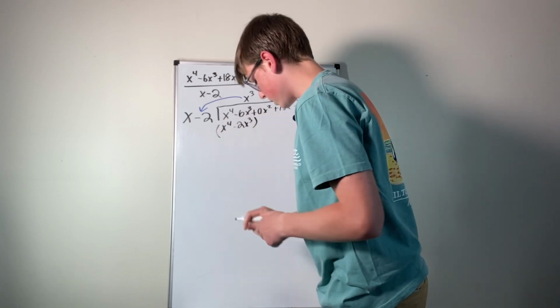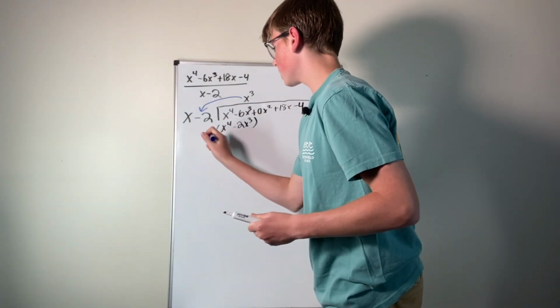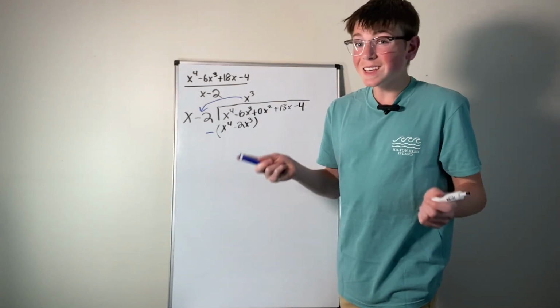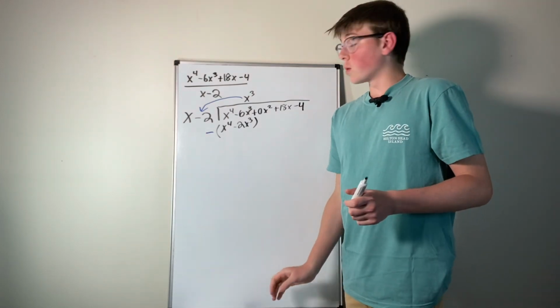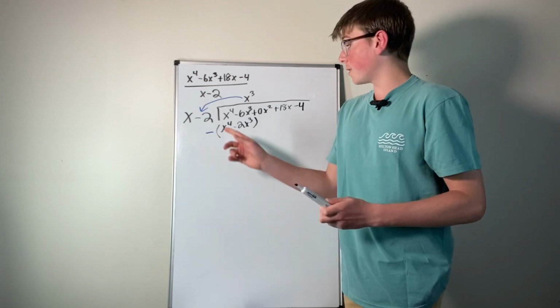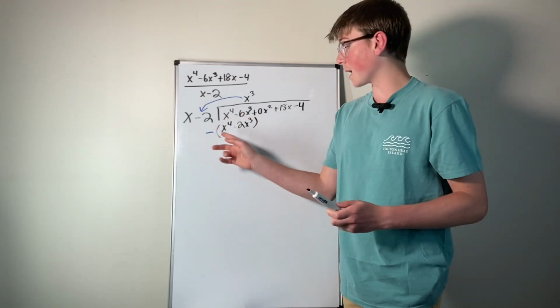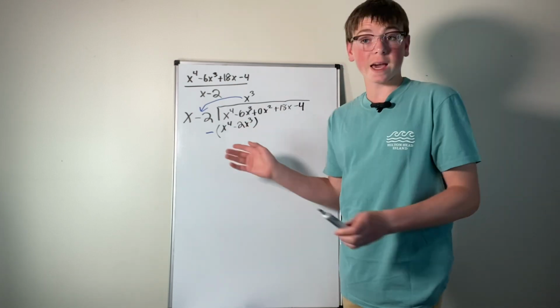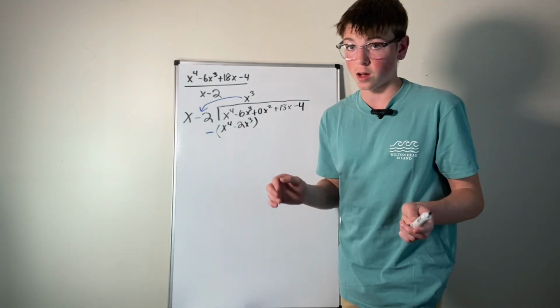And now you're always going to be subtracting these. So you'll know you did it right. You'll for sure know you did it wrong if this first x to the fourth and this x to the fourth here don't cancel and give you a 0. If you still have an x to the fourth term here, you did it wrong.